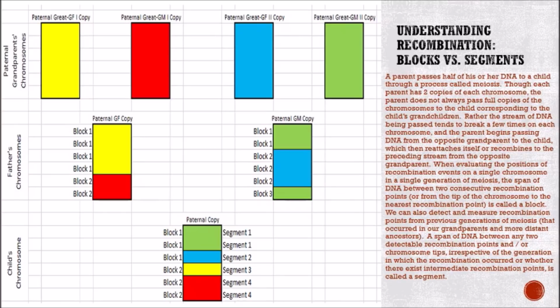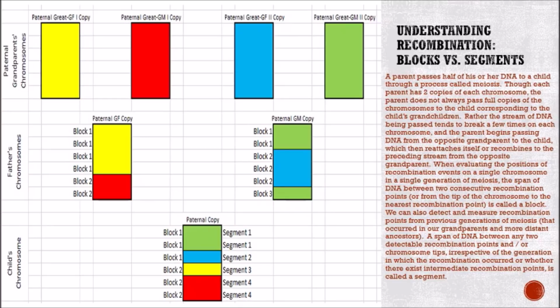Rather, the stream of DNA being passed tends to break a few times on each chromosome, and the parent begins passing DNA from the opposite grandparent to the child, which then reattaches, or recombines, to the preceding stream from the opposite grandparent. When evaluating the positions of recombination events, which we call recombination points, on a single chromosome in a single generation of meiosis, the span of DNA between 2 consecutive recombination points, or from the tip of the chromosome to the nearest recombination point, we call a block.